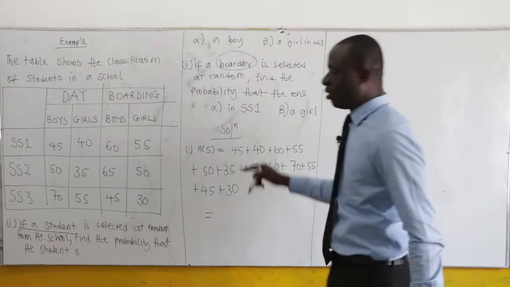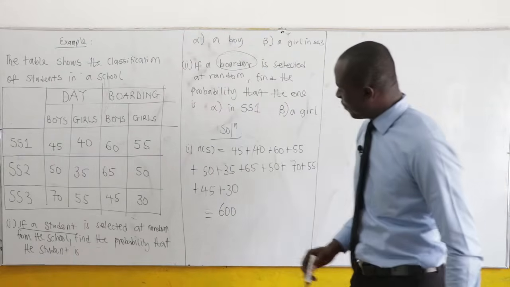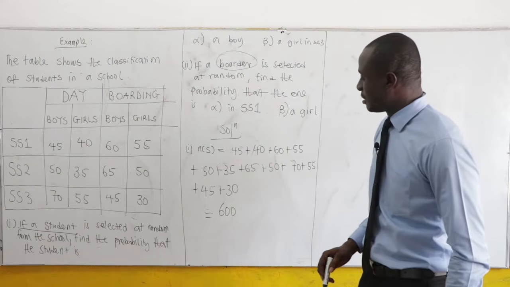When you add all of this, this is giving us 600. So the number of sample space is 600.